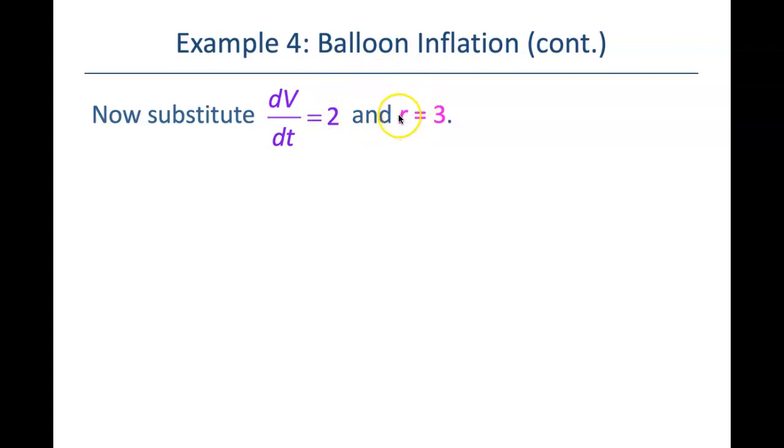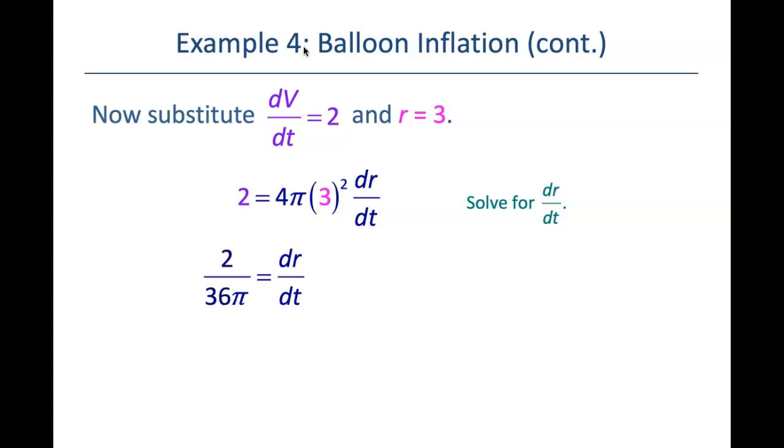And we know that the point at which we want to calculate the dr/dt is where r equals 3. So we plug that in, and we get 2 is 4 pi times 3 squared times dr/dt.